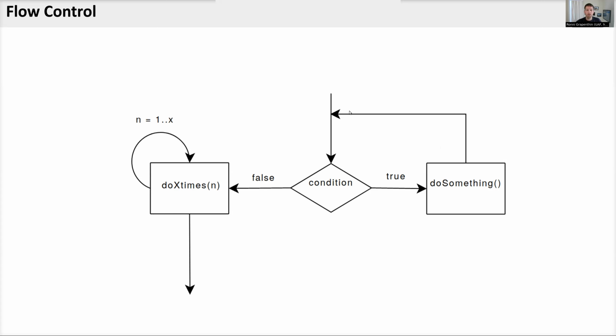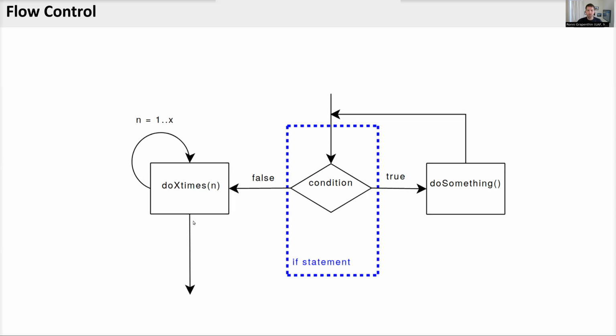So it's something important to keep in mind. If that condition is false, we might end up over here where we're in a loop and do something a certain number of times. X times is said here, so there's some kind of counter that keeps track of how many times we've been doing this, and then we move down here.